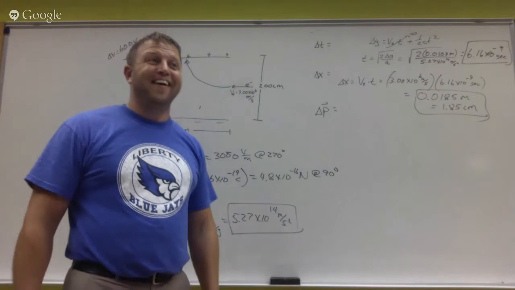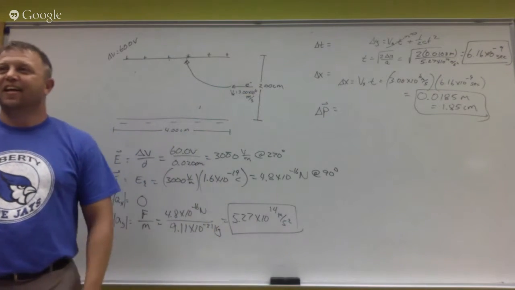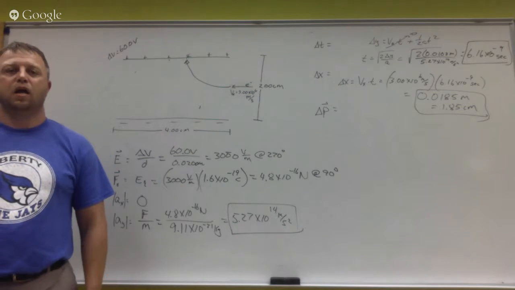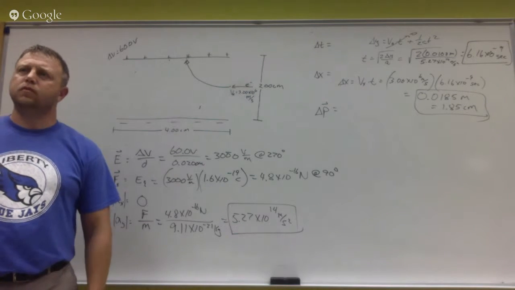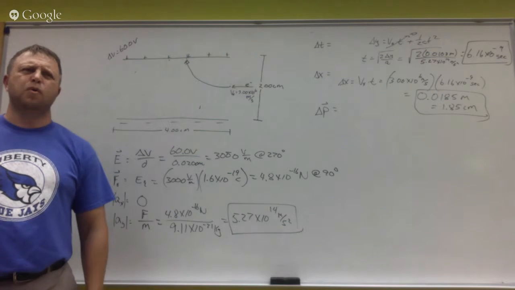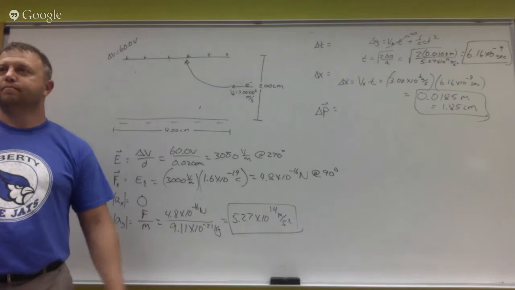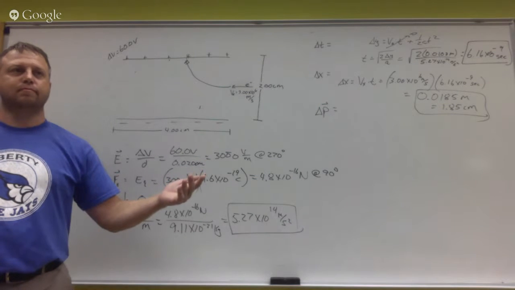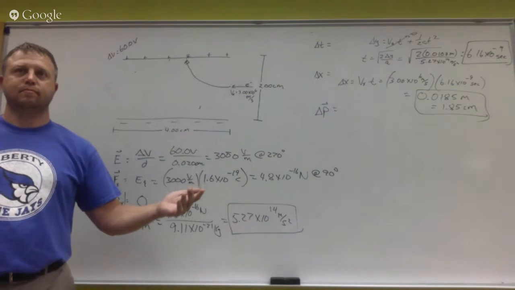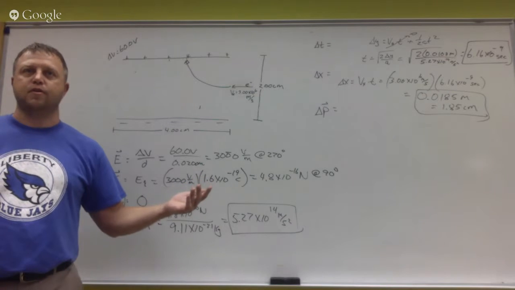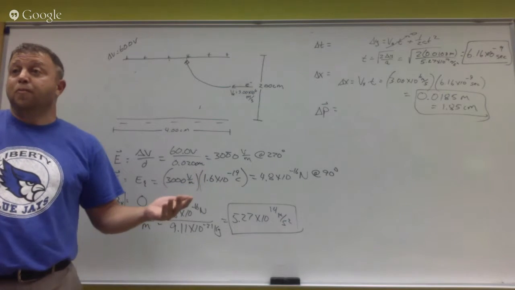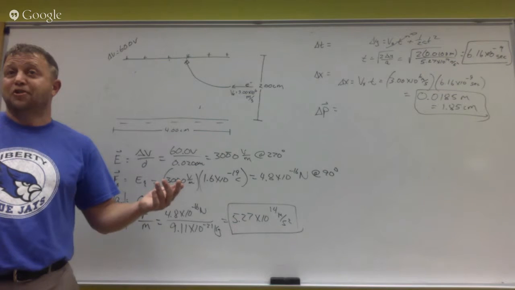One more to go. What's the change in momentum in the X direction going to be? There is none. Right? I don't even need to mess with the X direction for this. And my change in momentum direction is already established.